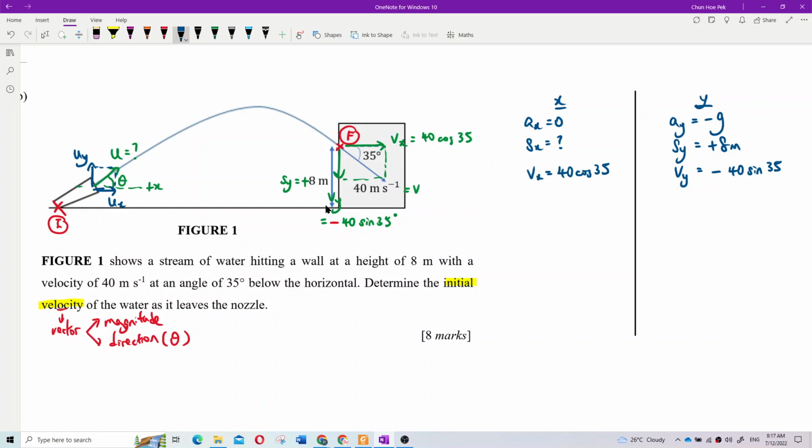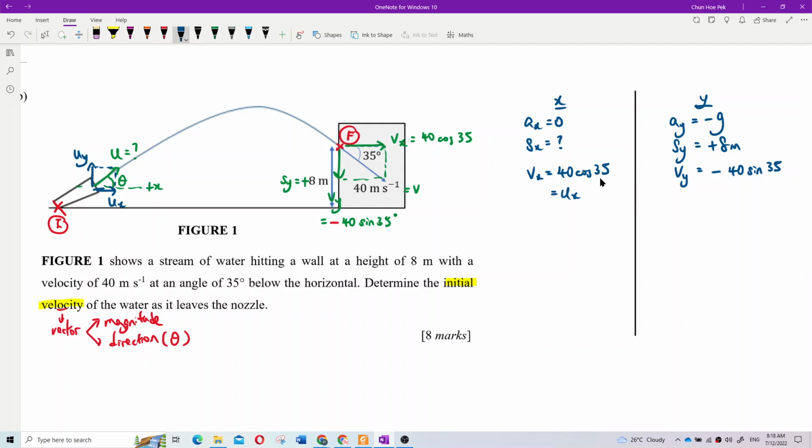He asked us to find the initial velocity. I think it's easy. Initial velocity means we need u, ux and uy. Remember that for the x component, the velocity is constant. So vx equals ux, correct or not?